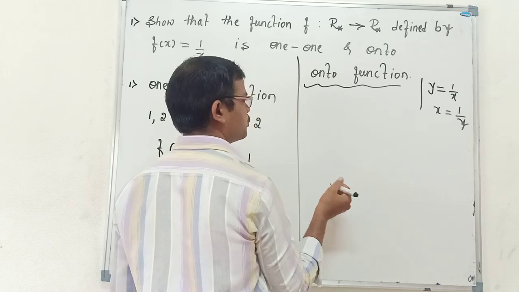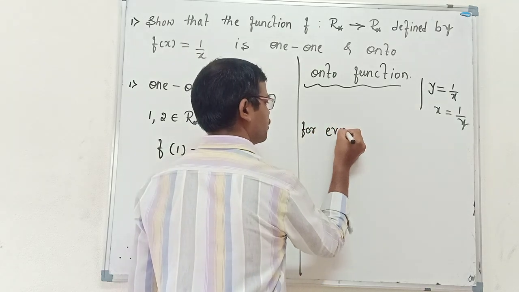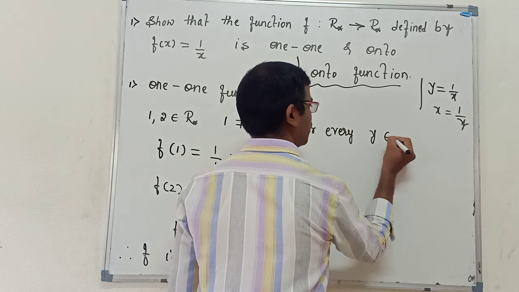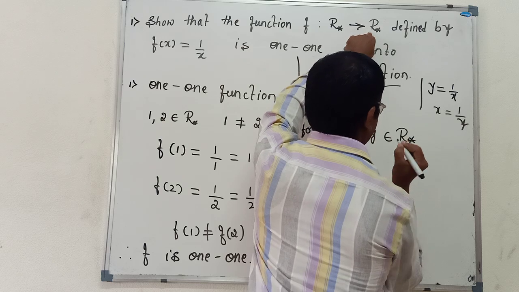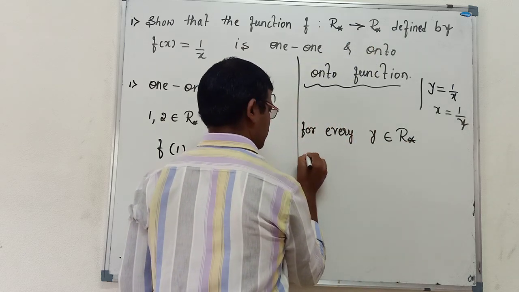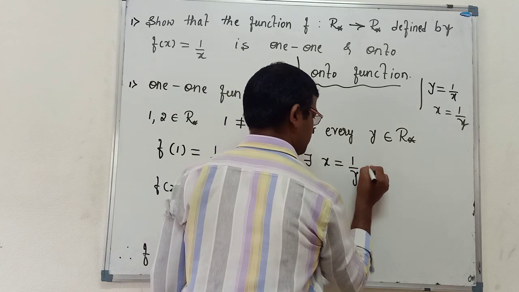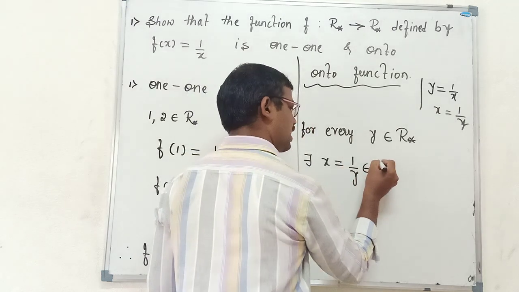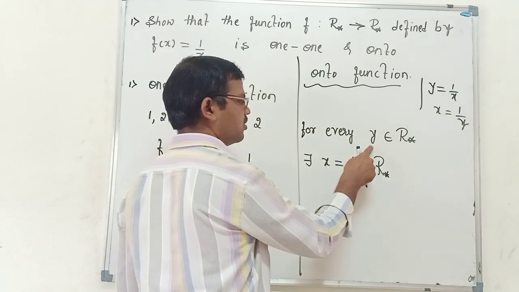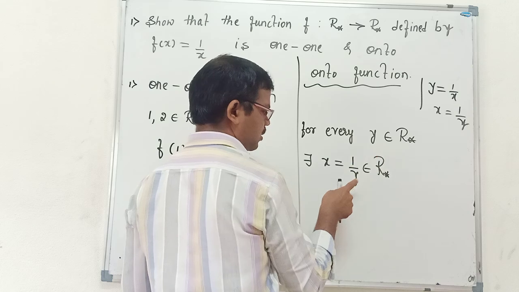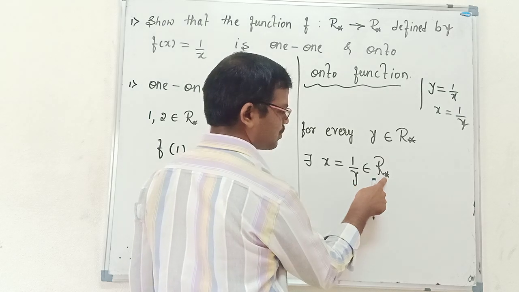So the first step is to state that for every y belonging to the codomain R star, there exists x equal to 1 by y. It belongs to the R star only. Why? Because if you take any non-zero real number, say 1, then 1 by 1, x equal to 1, is again present in R star.